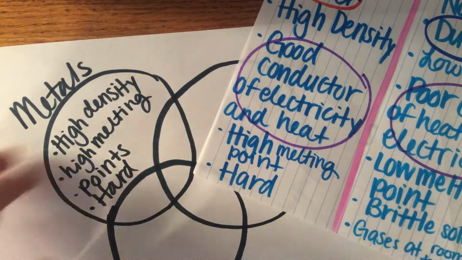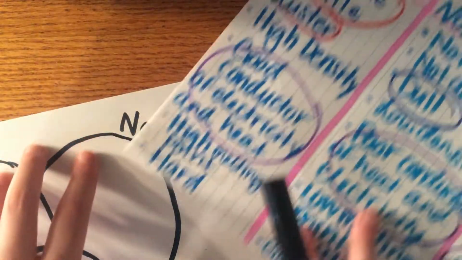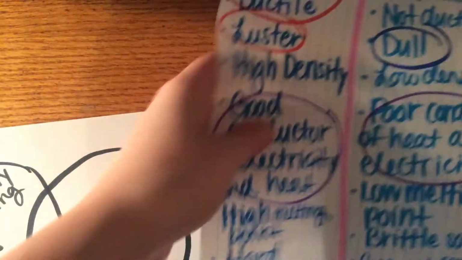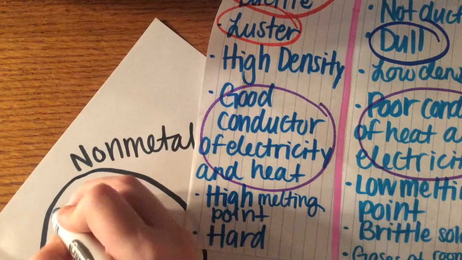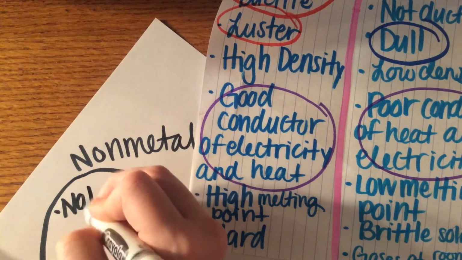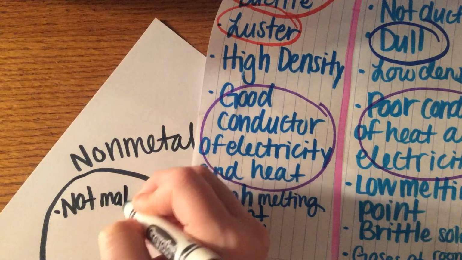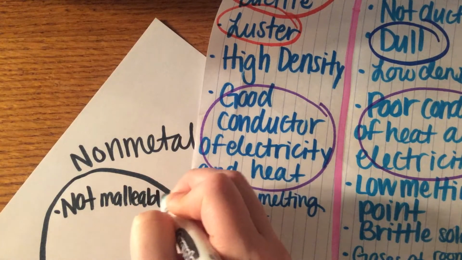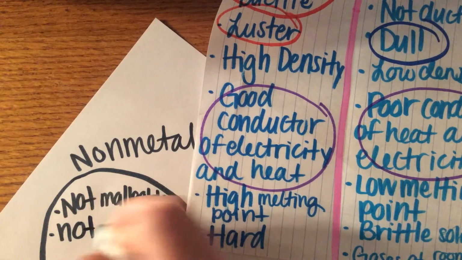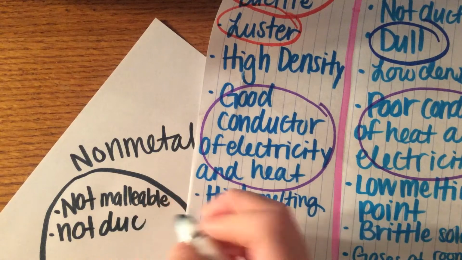Okay. Now we will do the same for nonmetals. Looking from our sheet earlier, they are not malleable. Not ductile.